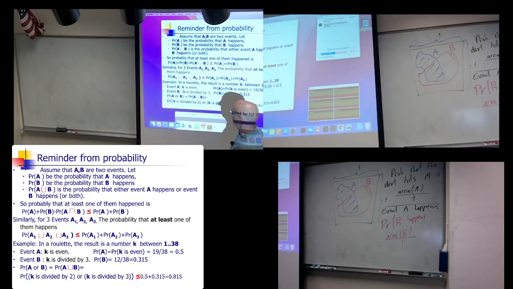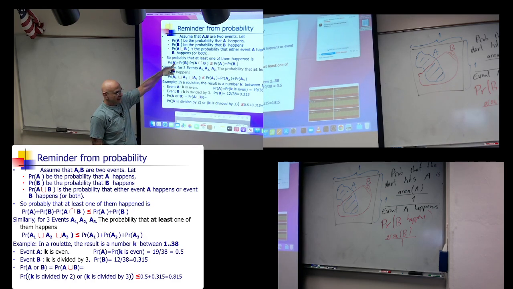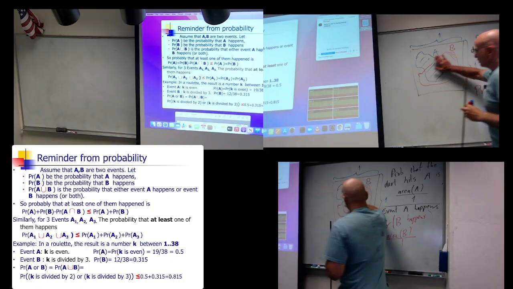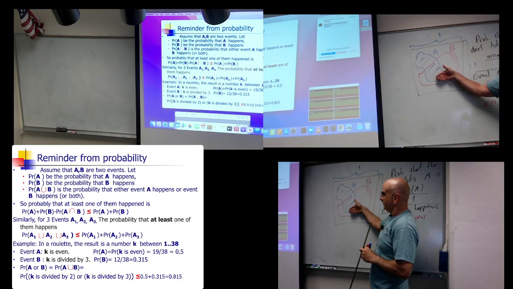I'm asking, what is the probability that I hit inside the area that is not white, either the green or the blue, or the area that is both? Well, a lot of you have seen this formula before. How can I know what is the region in the union? It will be the probability that I hit A, plus the area inside B. Let's count it. It's all the green, all the red area, plus all the blue area.